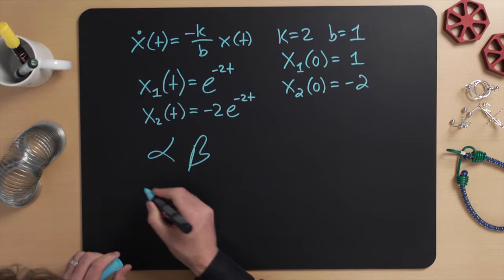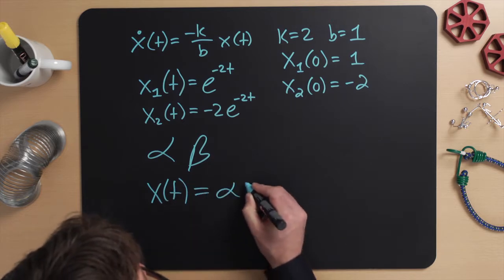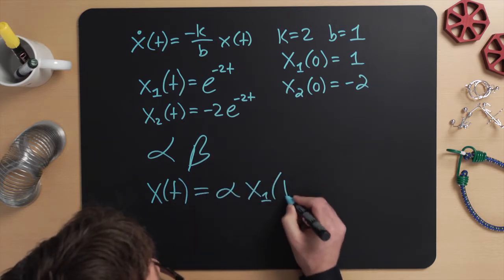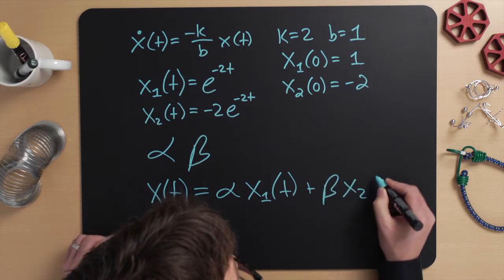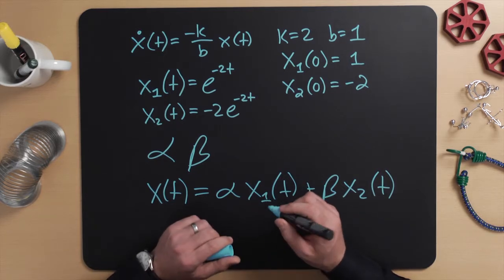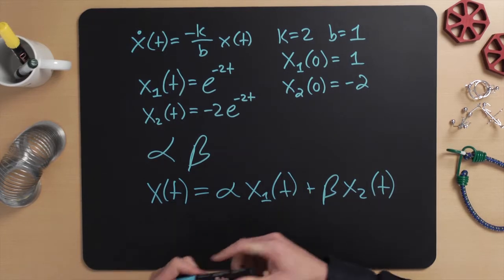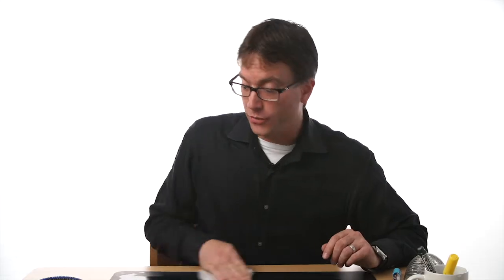Similarly, x of t equal to beta times x sub 2 is a solution for any choice of beta. Combining these into a single expression, x of t equal to alpha x sub 1 of t plus beta times x sub 2 of t is always a solution to the differential equation. That means that if I give you two solutions to the differential equation, you can generate a whole bunch of solutions with them.